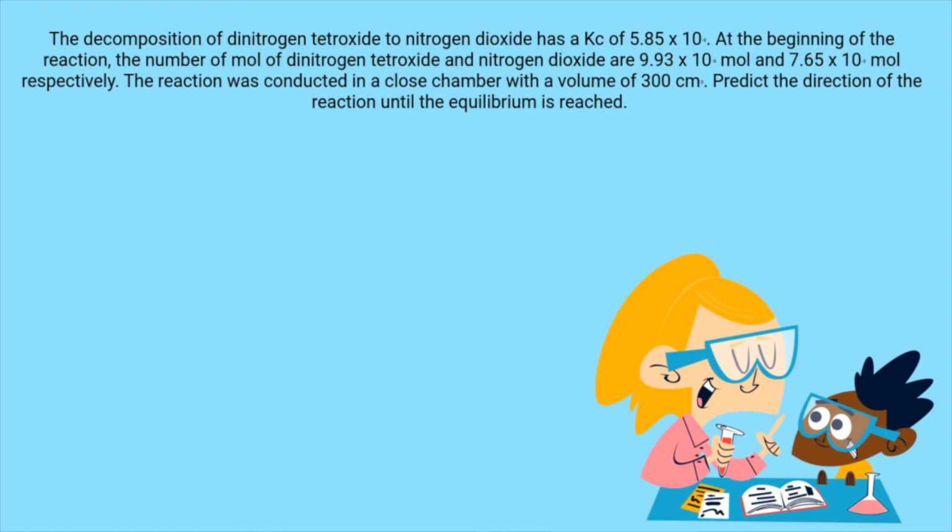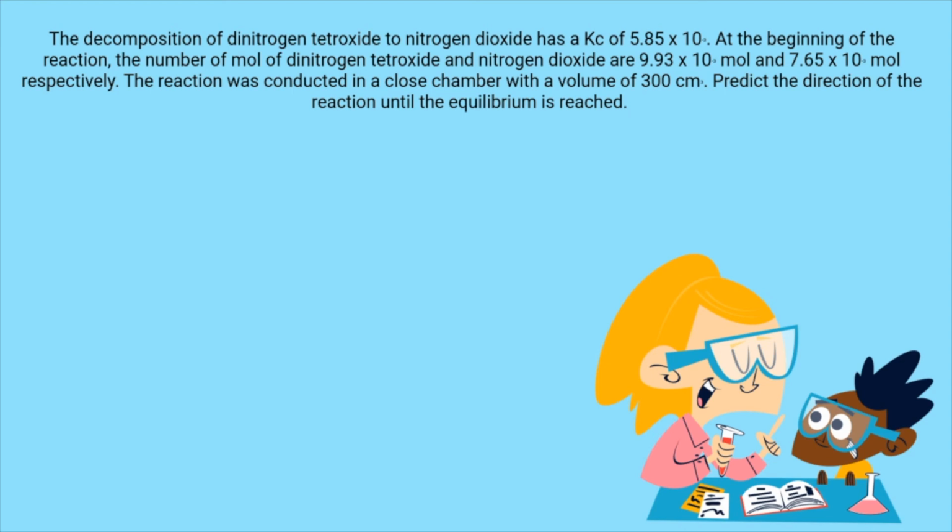At the beginning of the reaction, the number of moles of dinitrogen tetroxide and nitrogen dioxide are 9.93 times 10 to the power of negative 3 mole and 7.65 times 10 to the power of negative 3 mole respectively. The reaction was conducted in a closed chamber with a volume of 300 cm3. Predict the direction of the reaction until the equilibrium is reached.